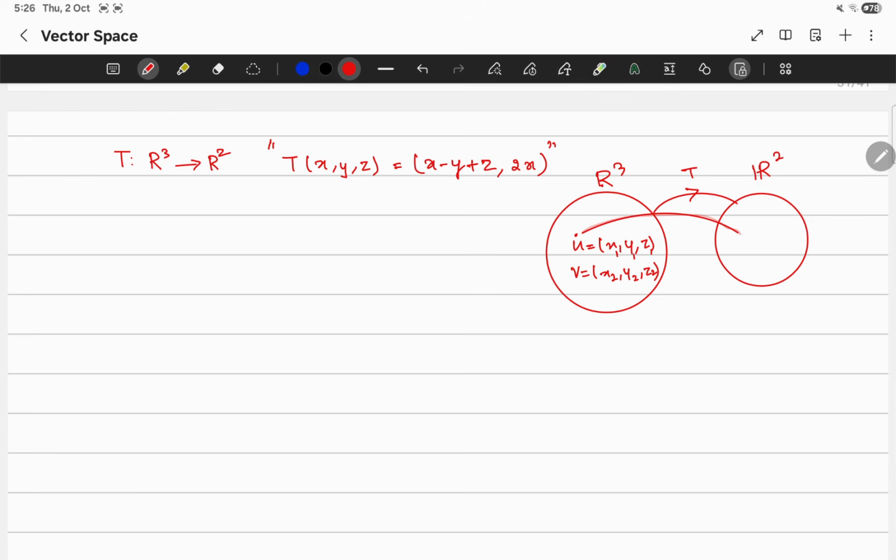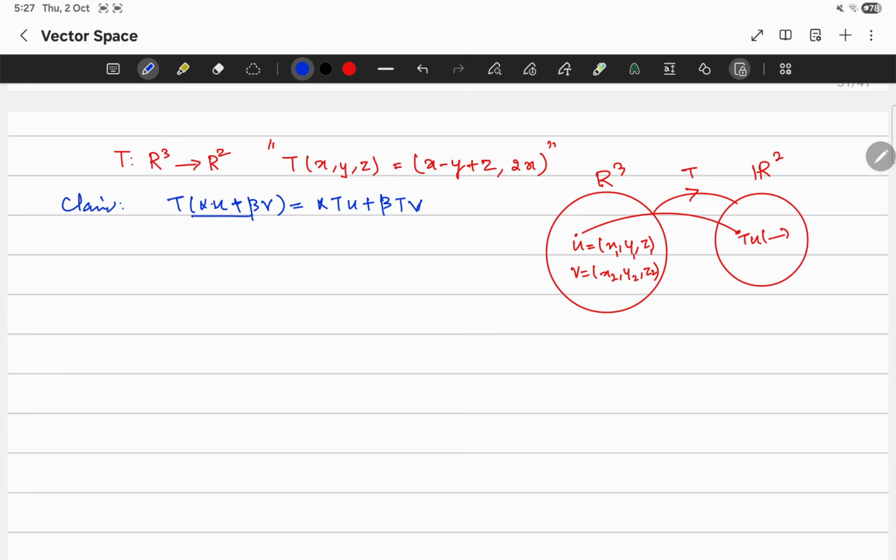There will be the image of this u, T of u, which has two coordinates. So we have to show that, what's our claim? We are claiming that T of alpha u plus beta v should be equal to alpha T of u plus beta T of v.